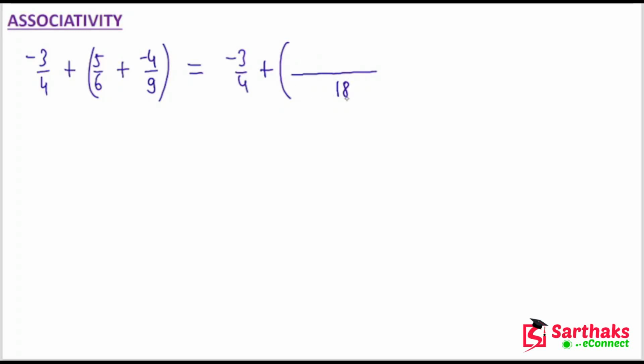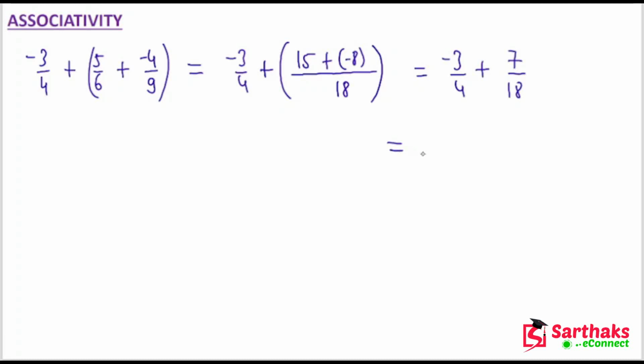So 6 into 3 is equal to 18. So 5 into 3 is equal to 15, plus 9 into 2 is equal to 18, so minus 4 into 2 equals minus 8. So we would get minus 3 by 4 plus 15 minus 8, which is 7. So we will get 7 upon 18.